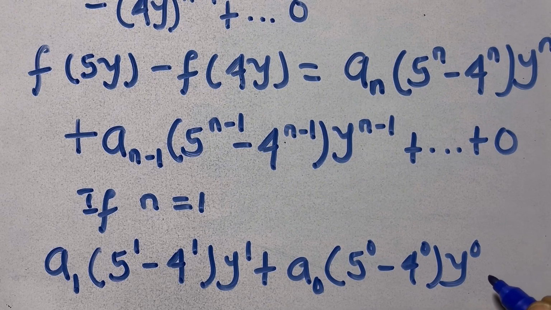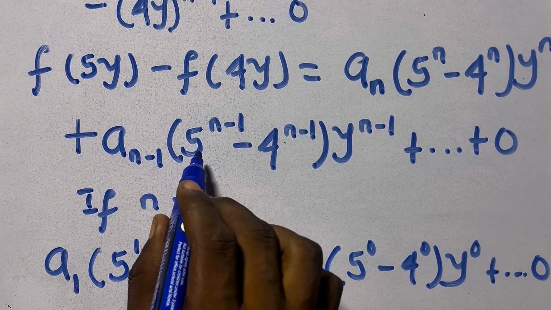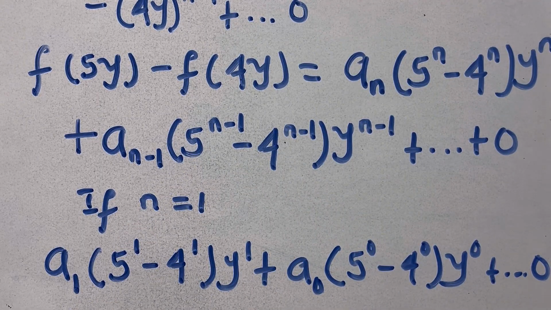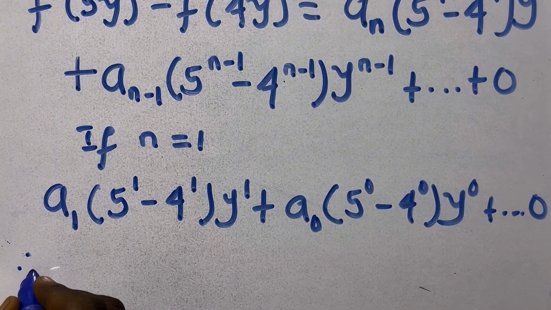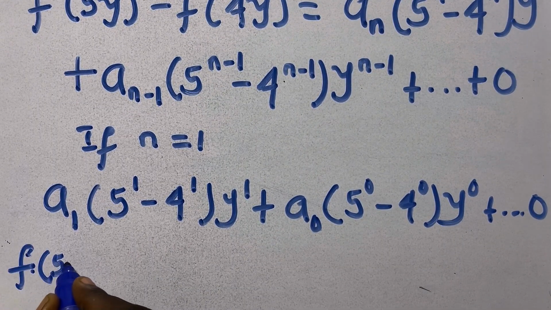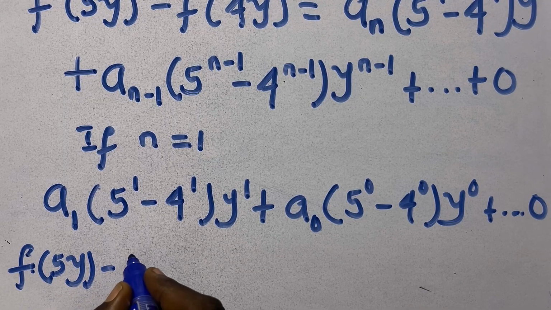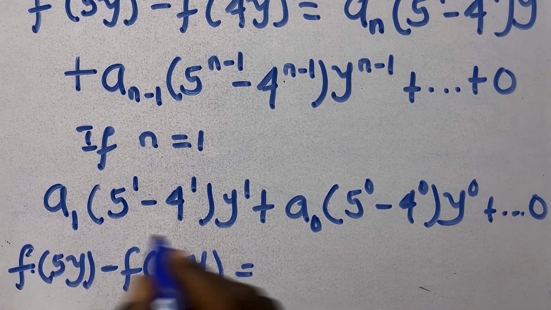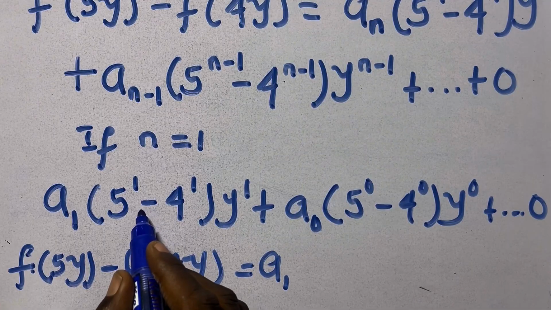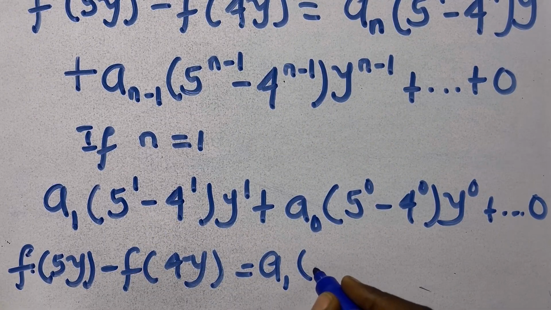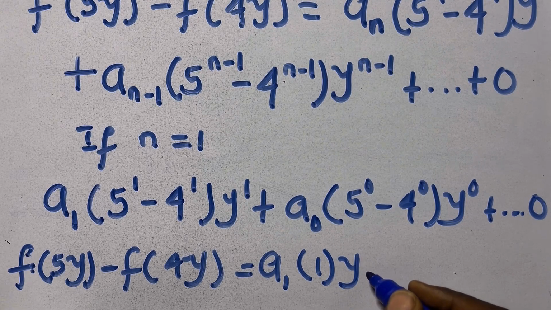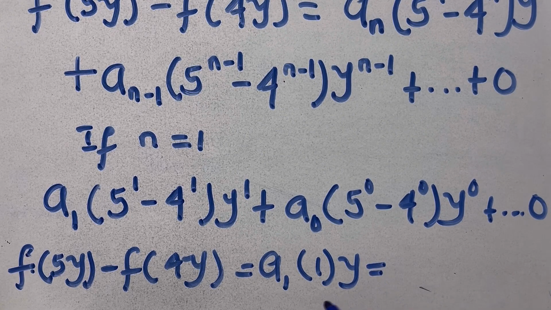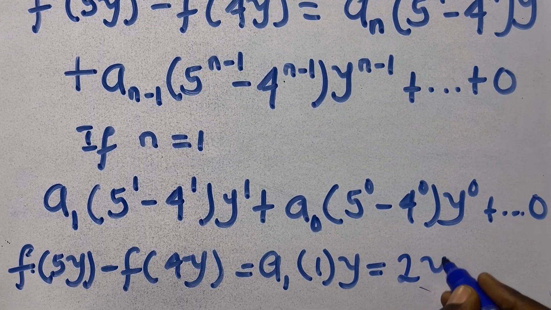So f of 5y minus f of 4y equals a1, 5 minus 4, which is 1, times y raised to power 1, which gives us y. Remember our original equation equals 2y, right?